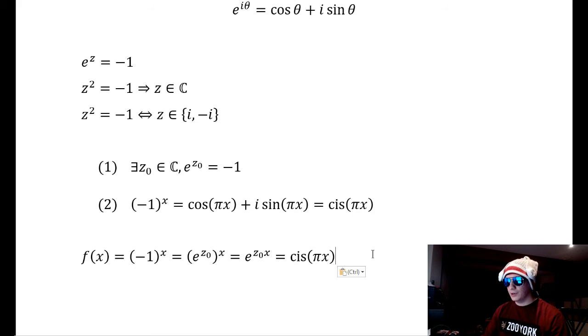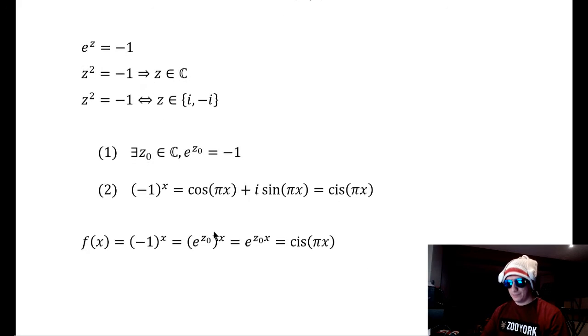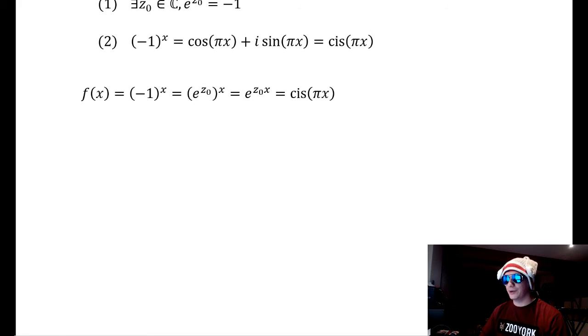Well, I guess we don't know, but since we're extending the definition of the exponential function to the complex numbers, we'd hope that the same rules would apply. Okay, now that we've got this out of the way, there's a clever trick to solving for z naught that gives us one of the solutions. Can you figure out what it is?